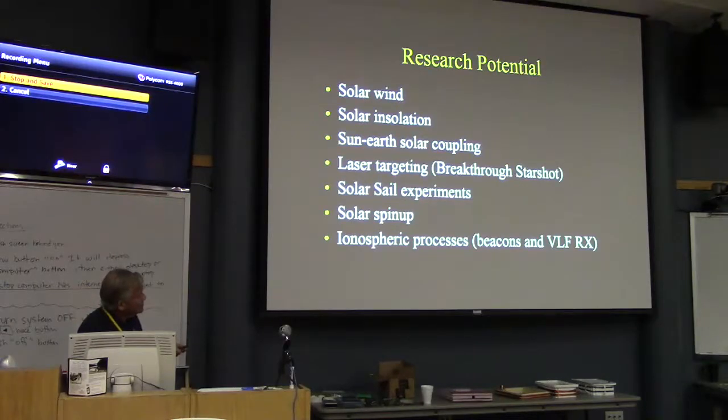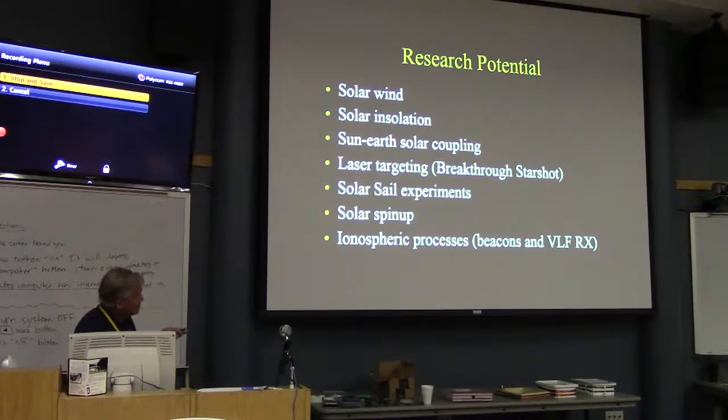There's also Breakthrough Starshot. It's a very well-funded program driving interstellar physics research, interstellar astronomy, and they're not getting off to a good start. It's well-funded, but they've only been doing this for 15 months. So if we can help them with laser targeting, it's a real plus for them.